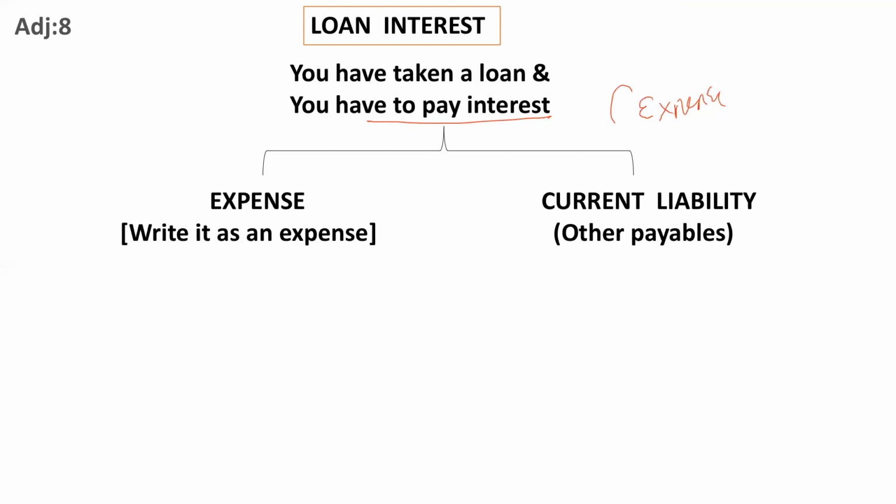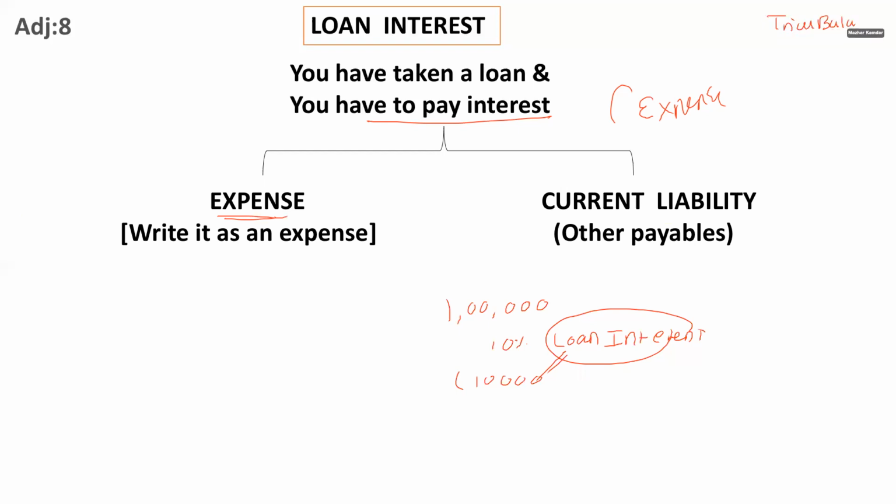For example, your loan is 1 lakh and loan interest is 10%. So your loan interest would be 10,000, and you have to write it as an expense. But your trial balance gives you loan interest of 9,000 already.